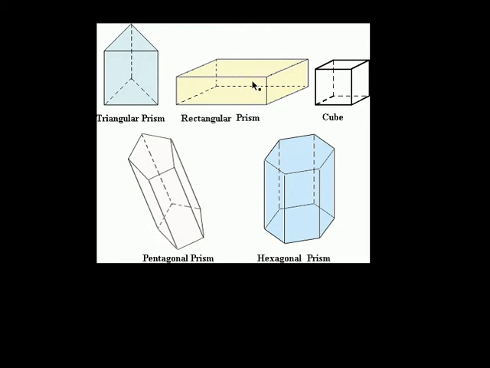This one's probably the easiest one to see. So this would be the base. But look at the top of it. It's exactly the same, isn't it? So on a prism, the bottom and the top are both called bases. Everybody with me on that? All right, so that's the prism.